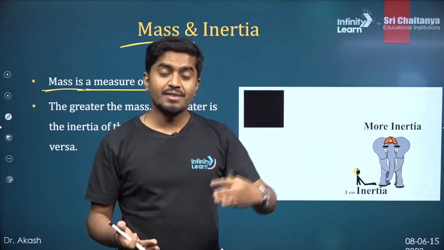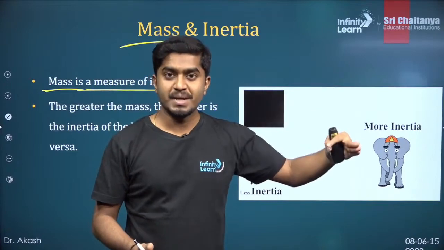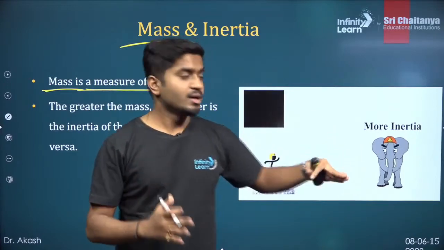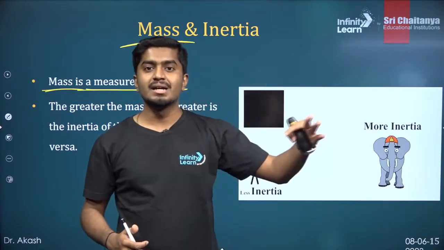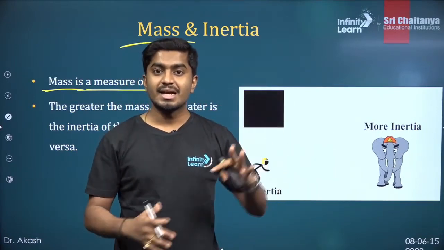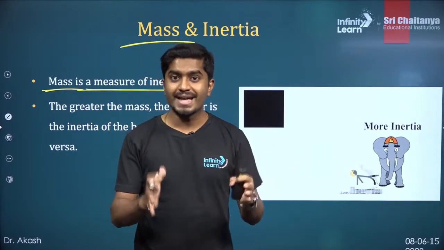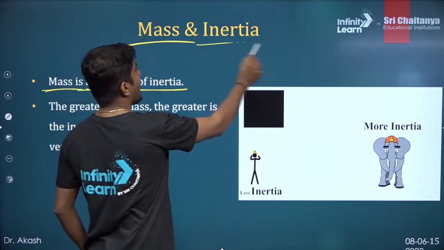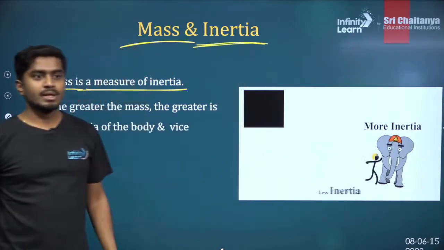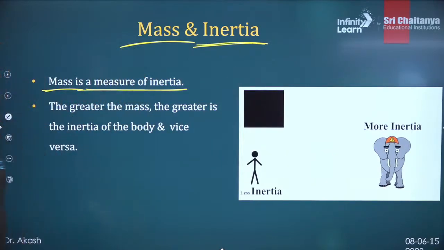But if the elephant is moving with the same speed, it is very difficult for it to stop. The elephant will crash into some building and damage the trees. Why? Because the elephant has more mass, so very high inertia. Clear? Ants can change direction anytime.